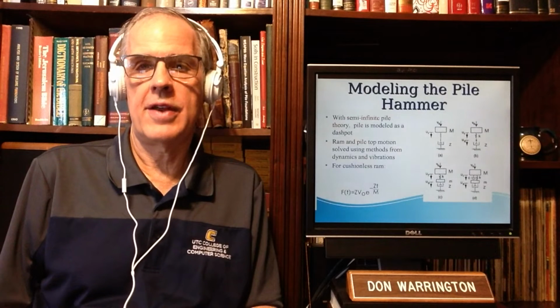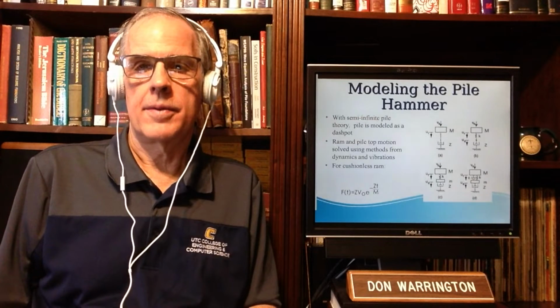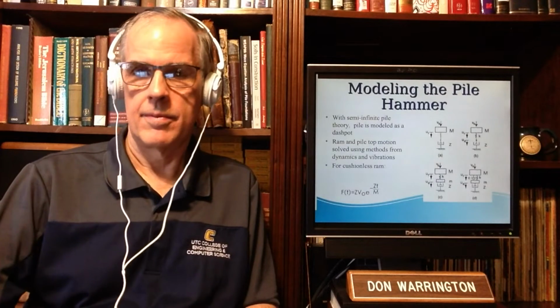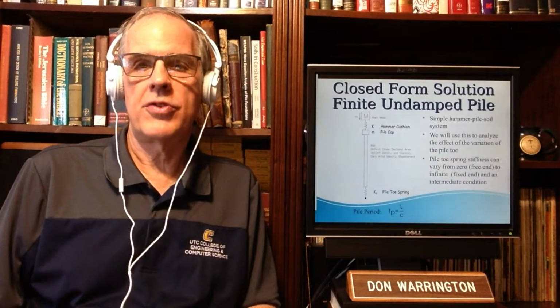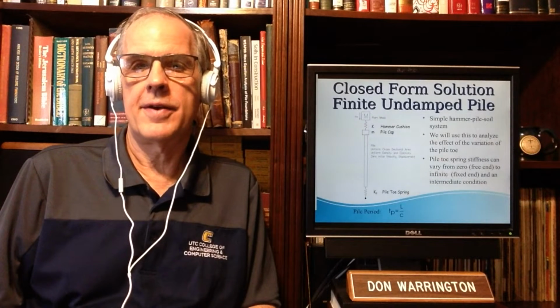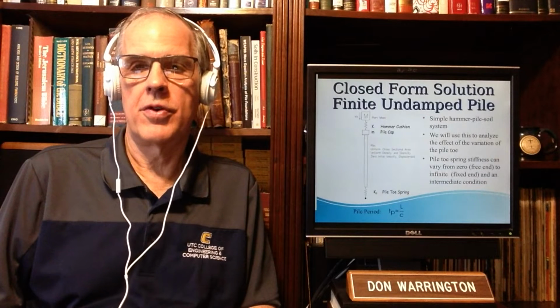And then we have a situation where the pile cushion has its own damping because of the pile material. You can actually take that type of data and do a closed form.